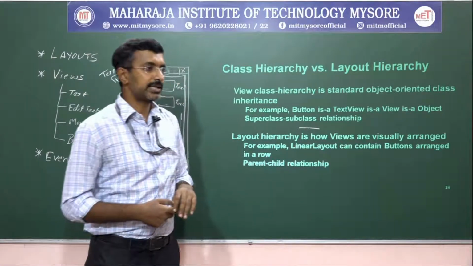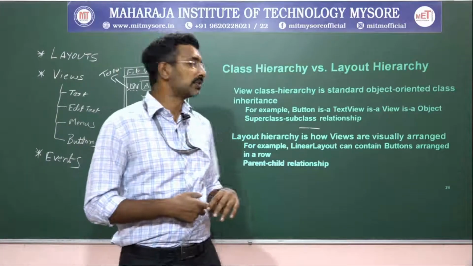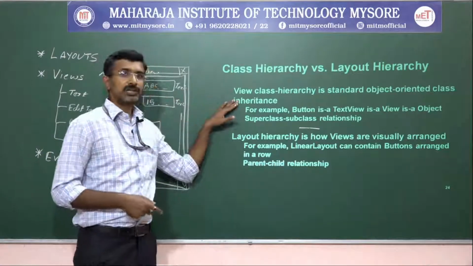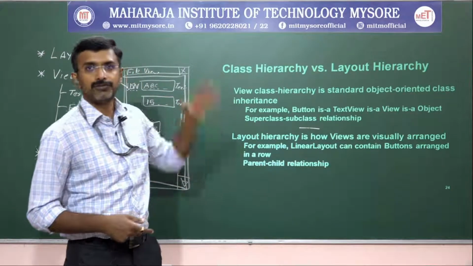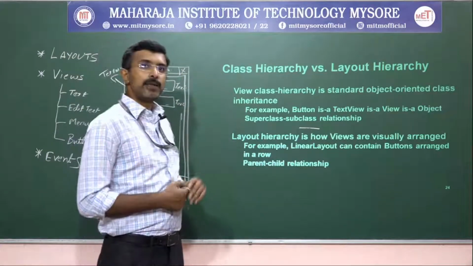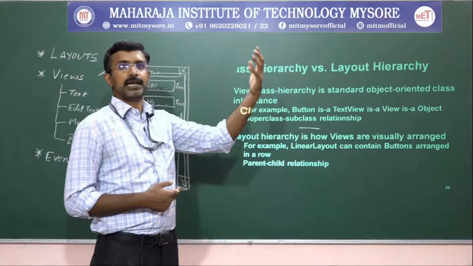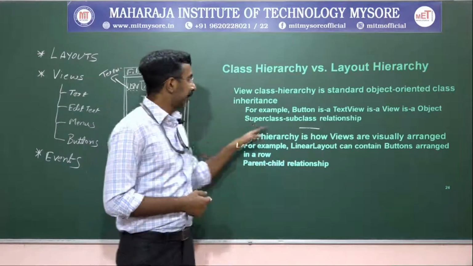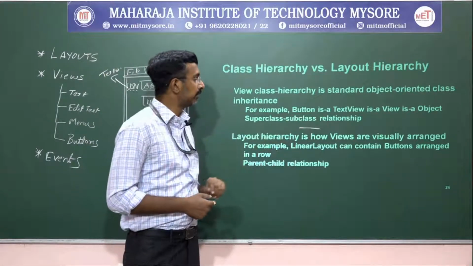View class hierarchy is standard object oriented programming using inheritance. Inheritance is one such feature in object orientedness where you can inherit the features of the parent class in your derived class. For example, button is a text view.